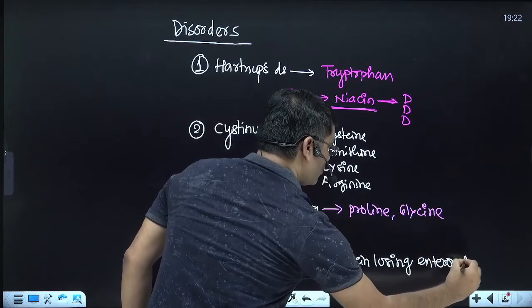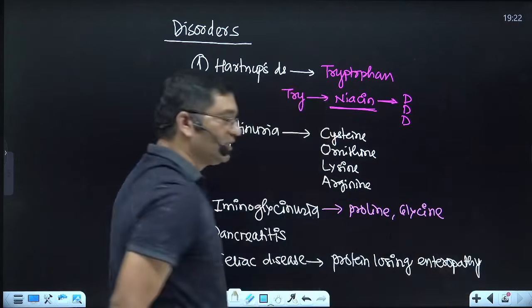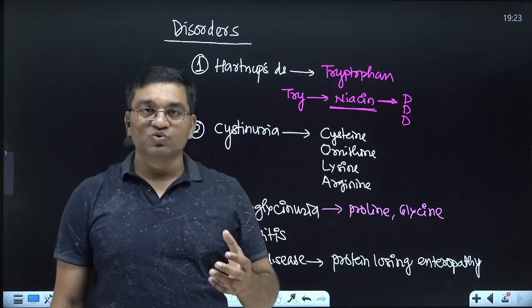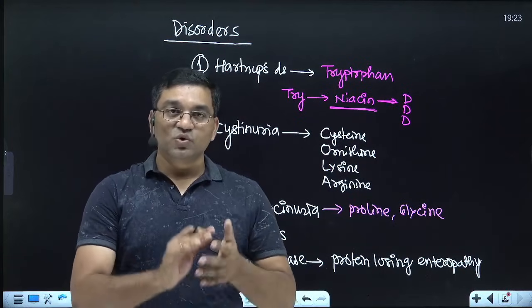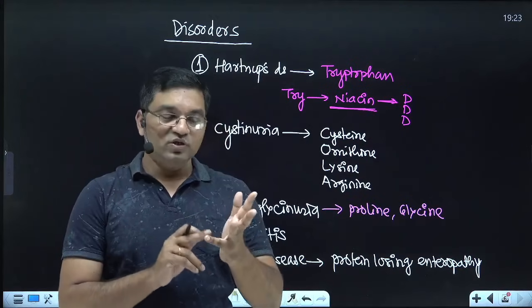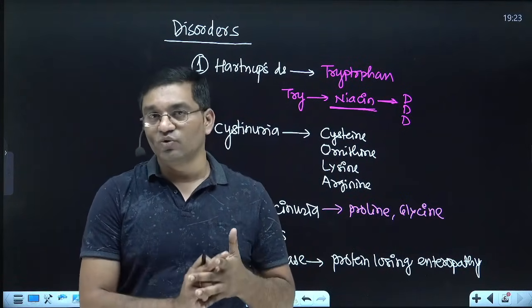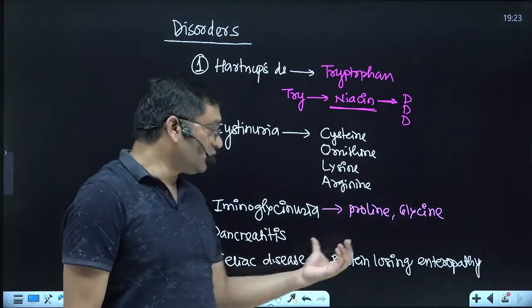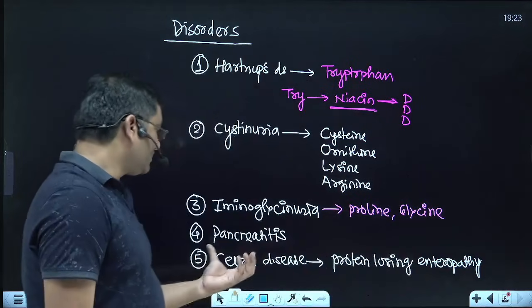There is loss of proteins from the intestine, and the person is hypersensitive to gluten, a component of wheat, barley, rye, and oat. So that is known as gluten sensitive enteropathy or celiac disease.